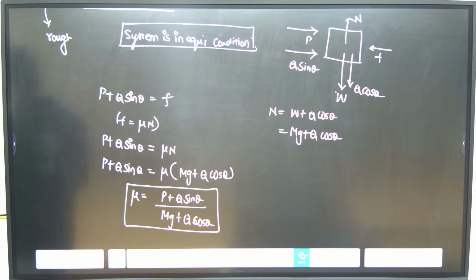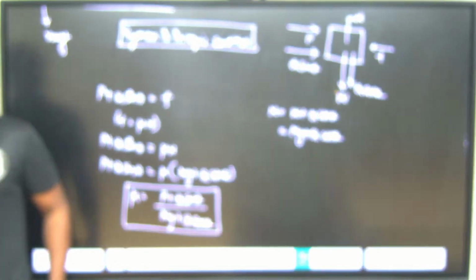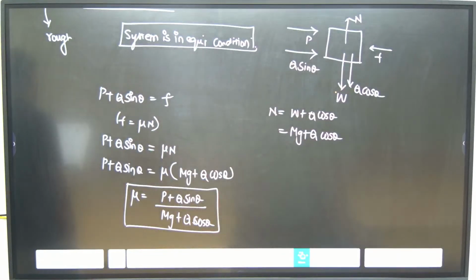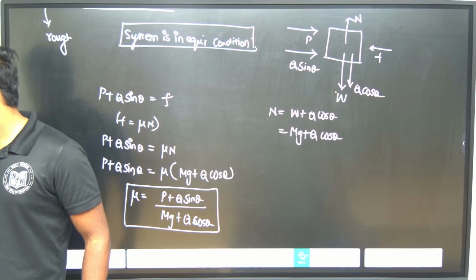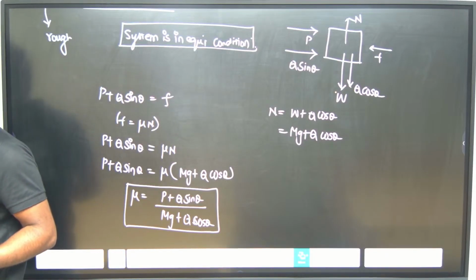Okay. So the next question is, the coefficient of friction mu and the angle of friction lambda are related as, I guess the camera is clear right now, it was getting blur, okay.